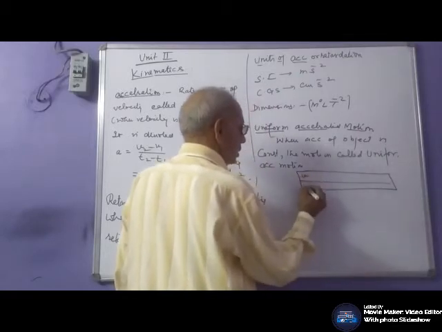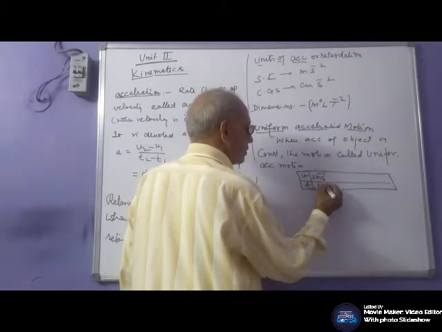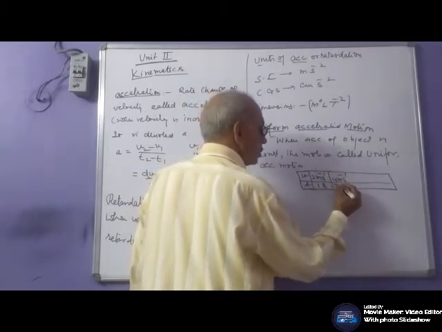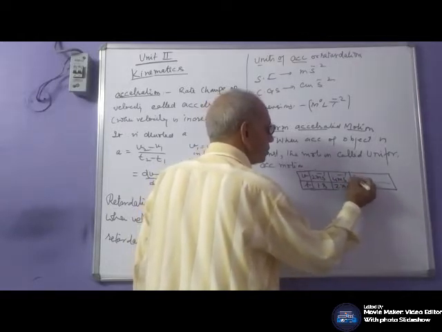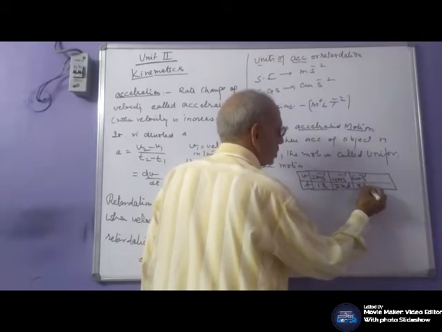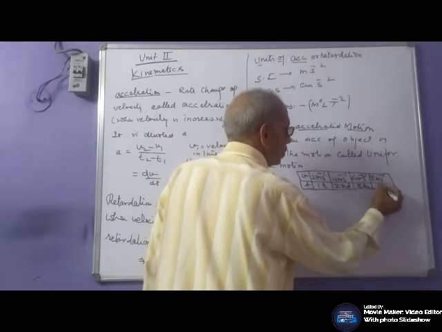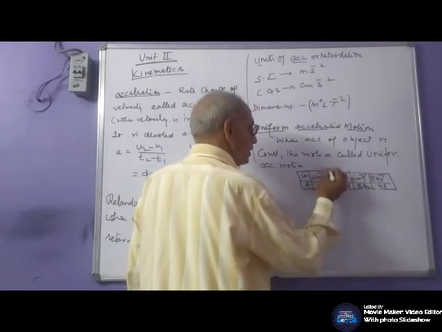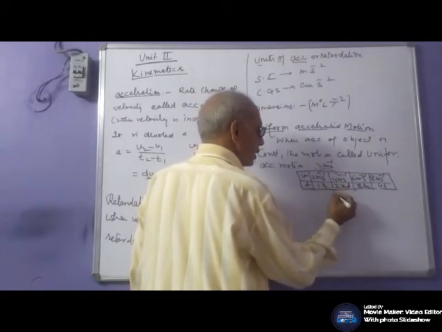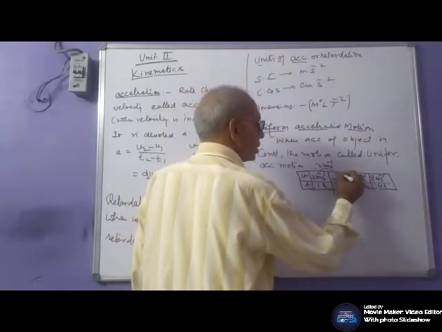V and T: 2 meter per second at 1 second, 4 meter per second at 2 seconds, 6 meter per second at 3 seconds, 8 meter per second at 4 seconds. It increases 2 meter per second in 1 second, so the acceleration is 2 meter per second square.